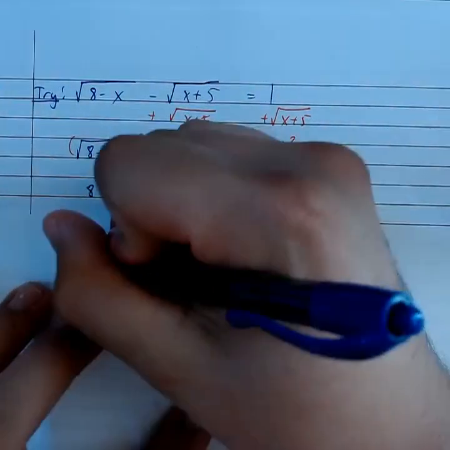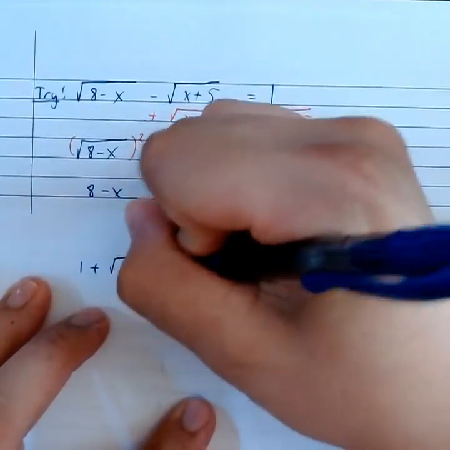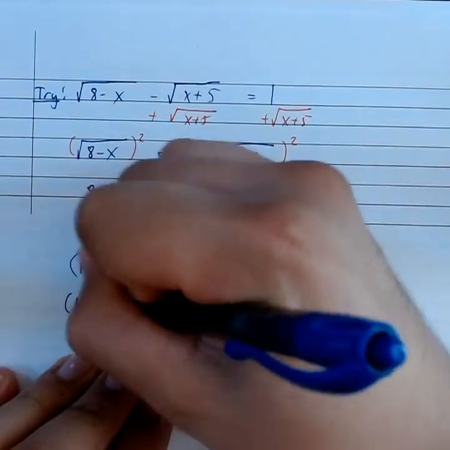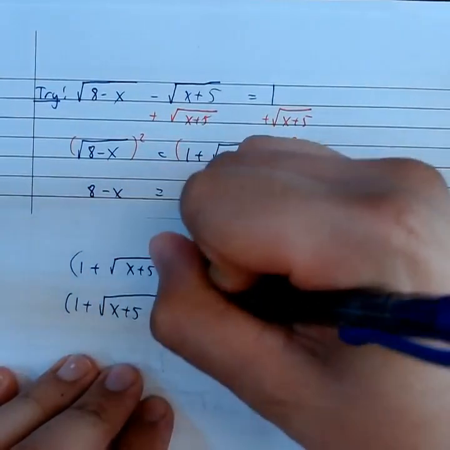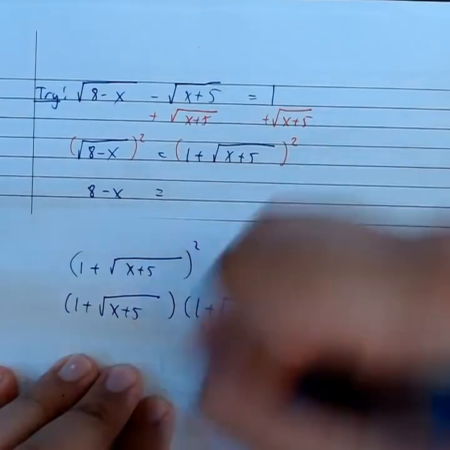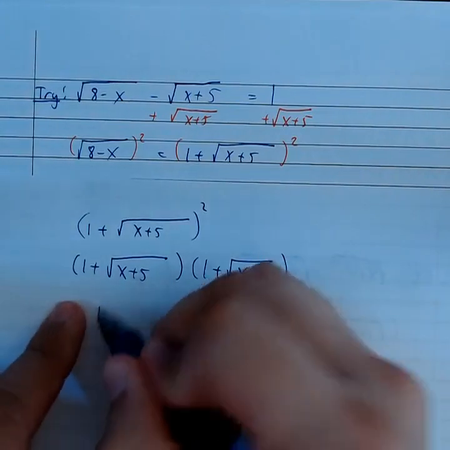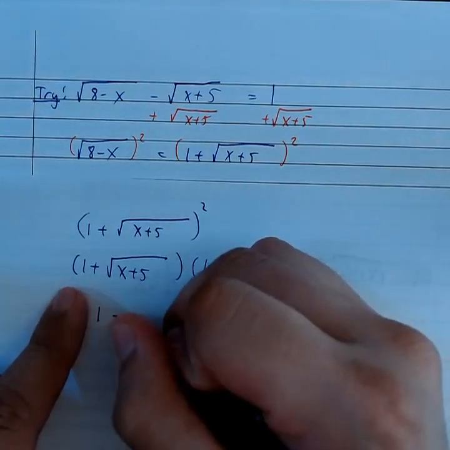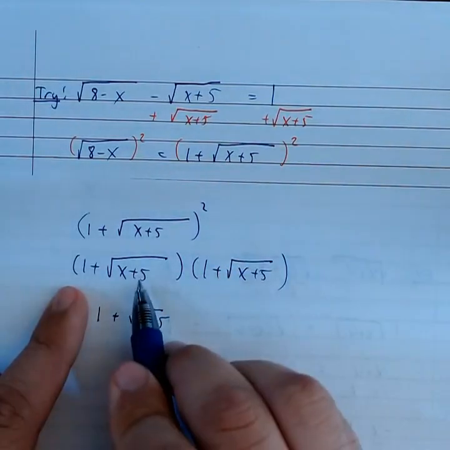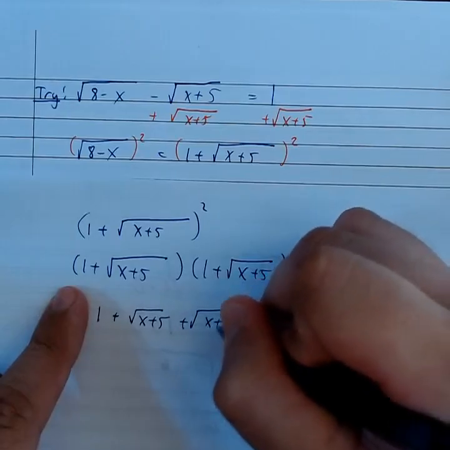That's going to be 1 plus the square root of x plus 5, squared. That's the same as saying 1 plus the square root of x plus 5 times 1 plus the square root of x plus 5. And now we start to distribute. 1 times 1 is 1. 1 times that square root is that square root. Again, 1 times that square root is another copy of that square root.